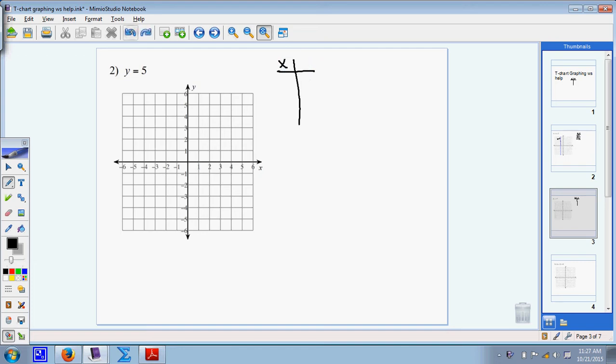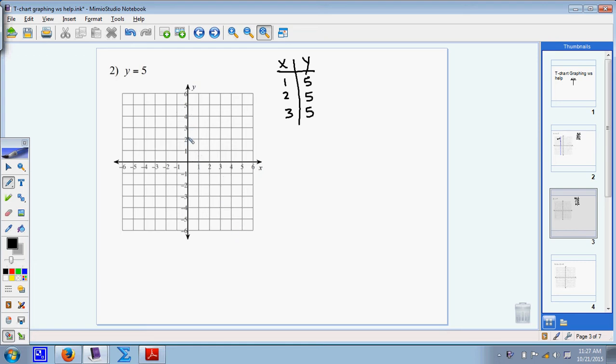But this time, if you notice, it tells me y is equal to a number. So it means on the y side, I'm going to have 5s, while on the x side, I would then have my pattern of 1, 2, 3. What we did previously is I looked on the y-axis and I identified 5 and made my horizontal line.